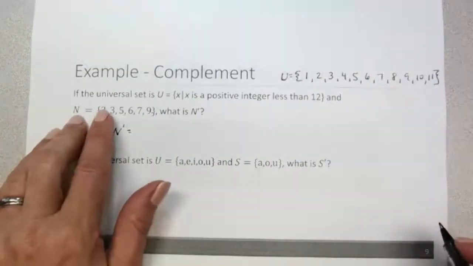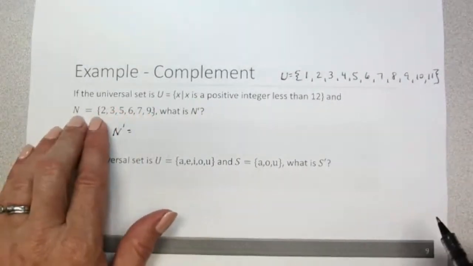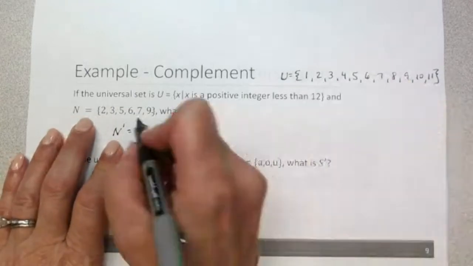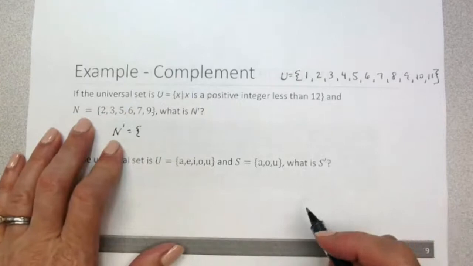So if N is 2, 3, 5, 6, 7, and 9, the complement of N is going to be everything that's in U but not in N. We'll just simply compare the elements.